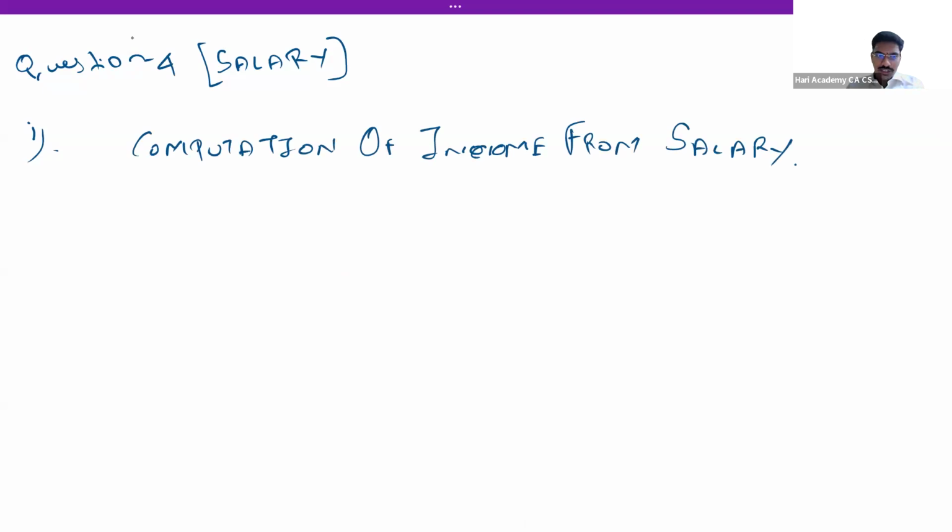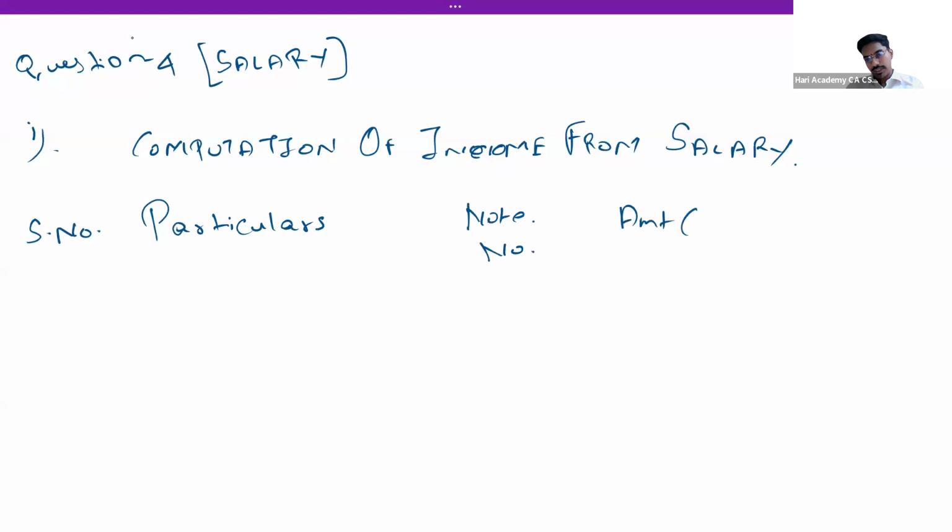So as always, it is going to be serial number, particulars, note number, amount in rupees, next again amount in rupees. Okay.